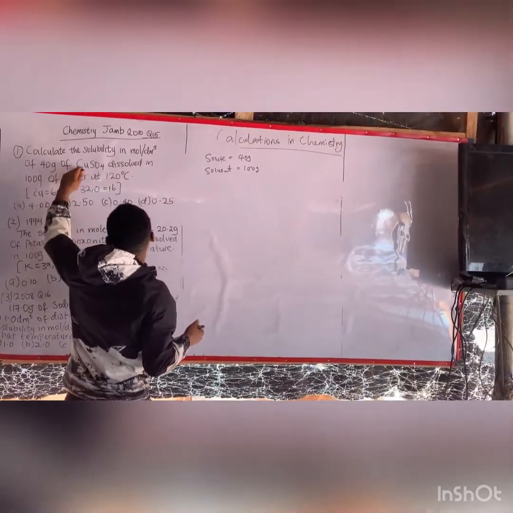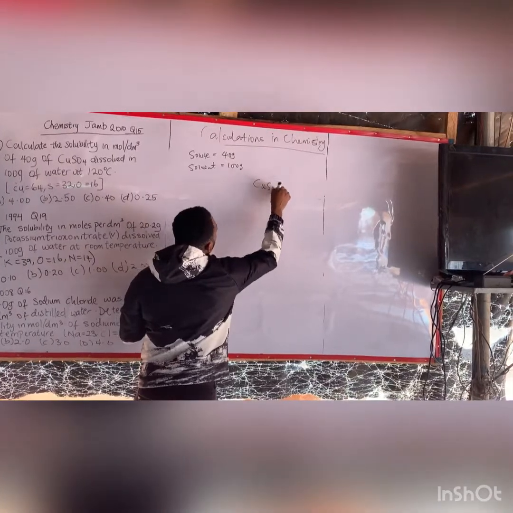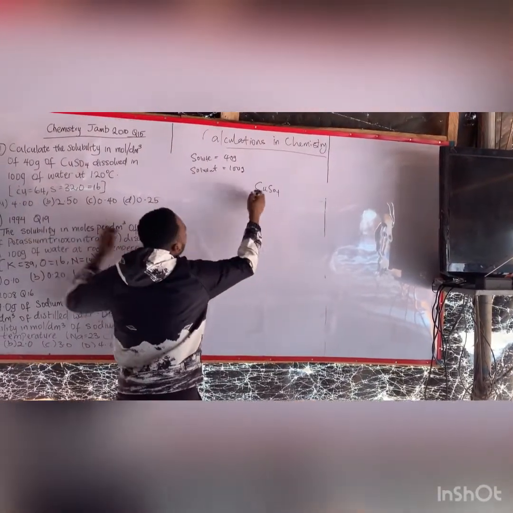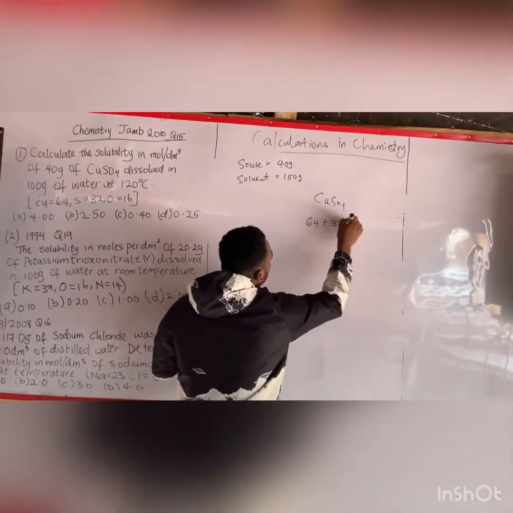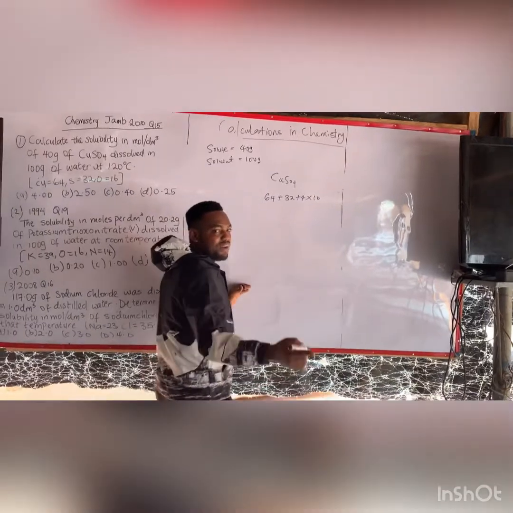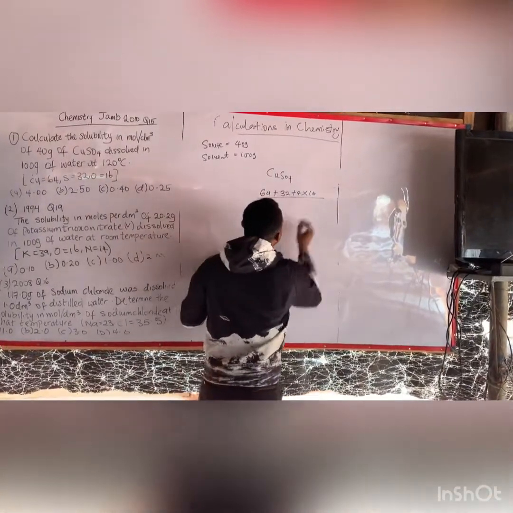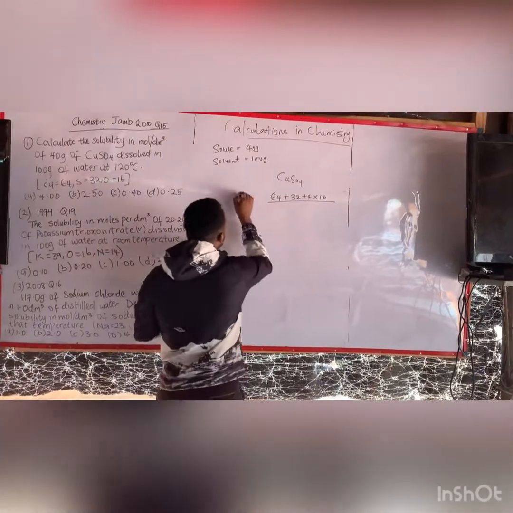Now, the molar mass I can calculate using this substance. This substance is CuSO4. In the question, I was given copper to be 64, plus the sulfur there is 32, plus 4 times 16. What's the value? If we get that, that will be our molar mass.